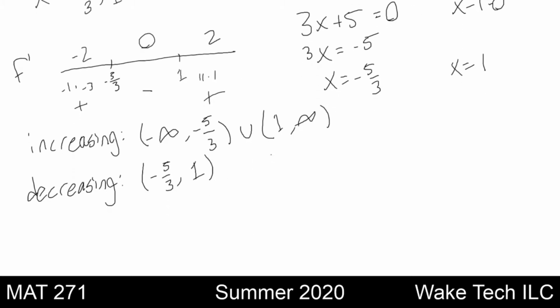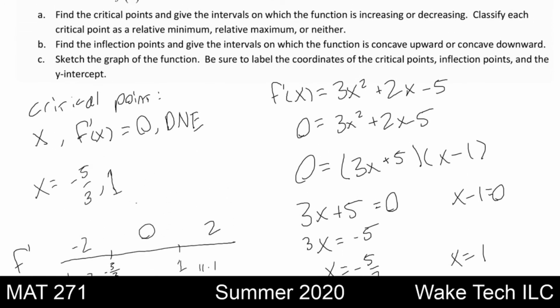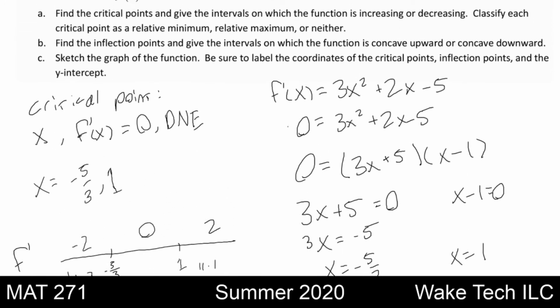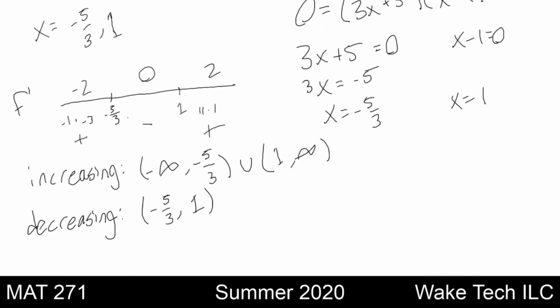All right. We can use this information to easily identify each critical point as a relative maximum, minimum, or neither. Note that relative maximum and relative minimum are also called local maximum or local minimum, just another word for the same thing. A relative minimum is a critical point for which the function is decreasing on the left and increasing on the right.